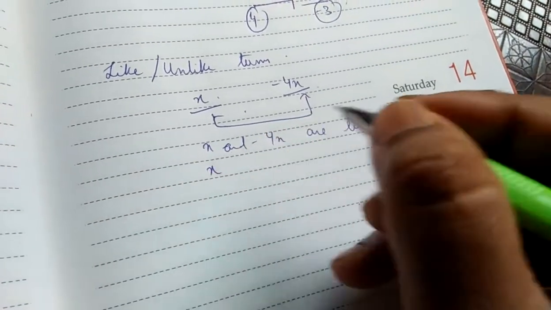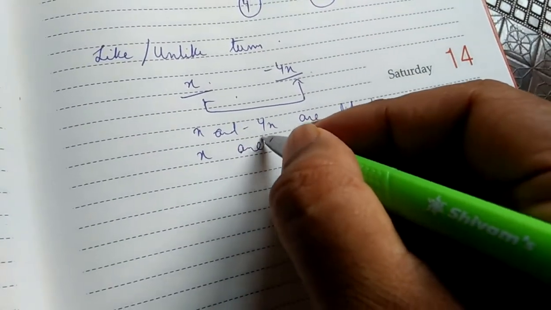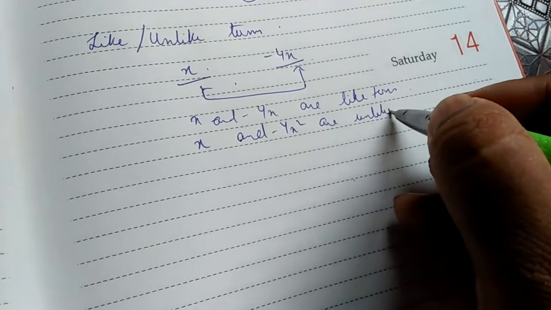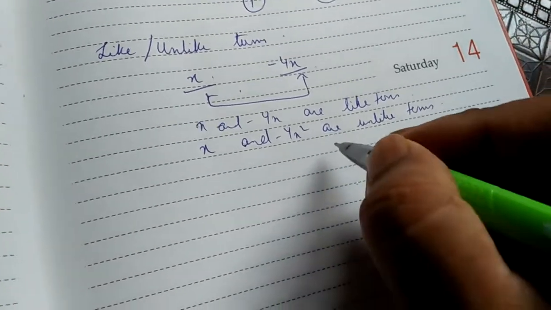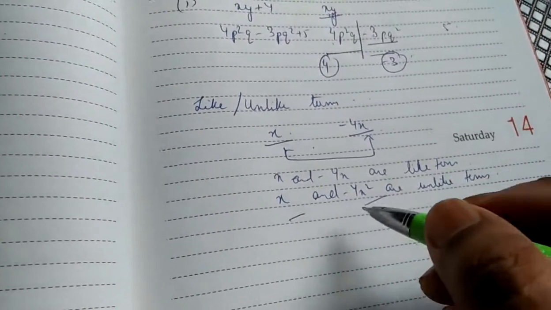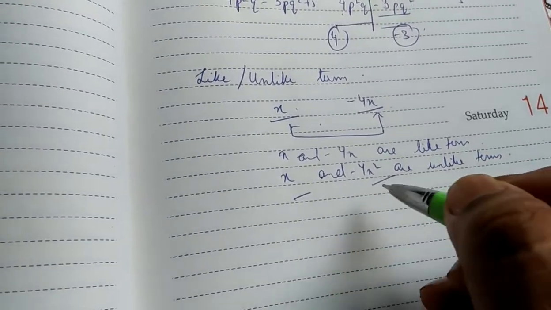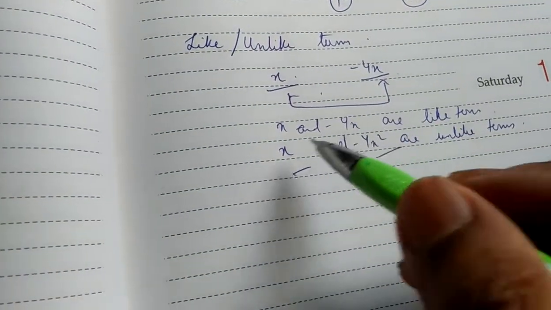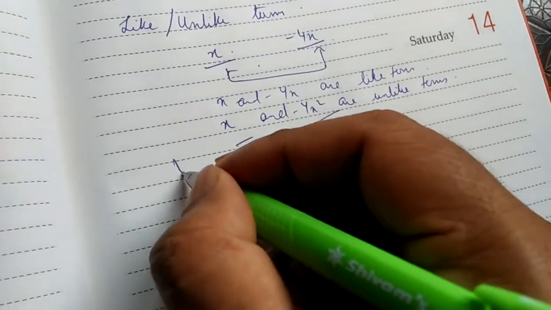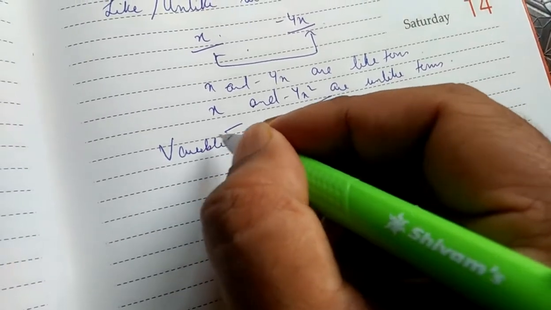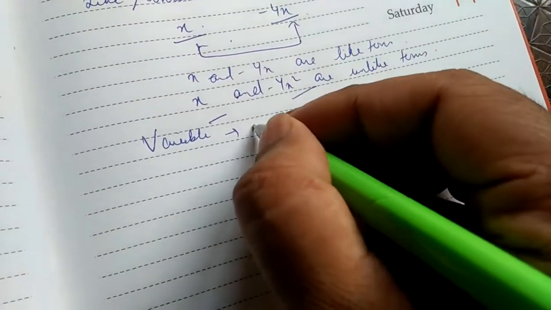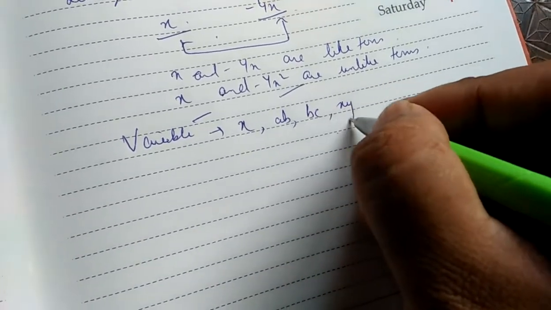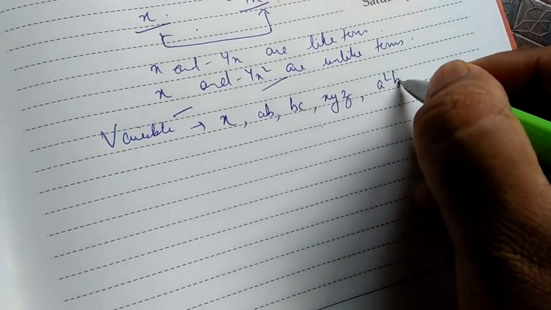Now x and minus 4x square are unlike terms. Why? Because the variable part is different. What is the variable part? It is the alphabetical part: x, y, z, xy, a, b, c, a square b c.